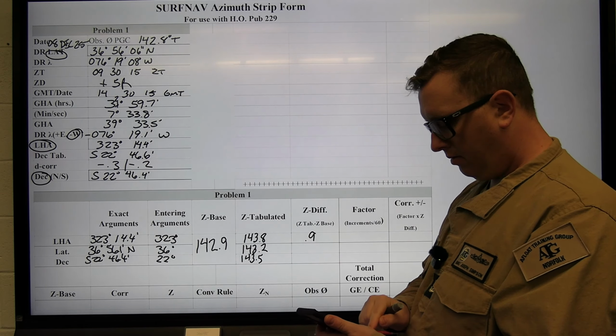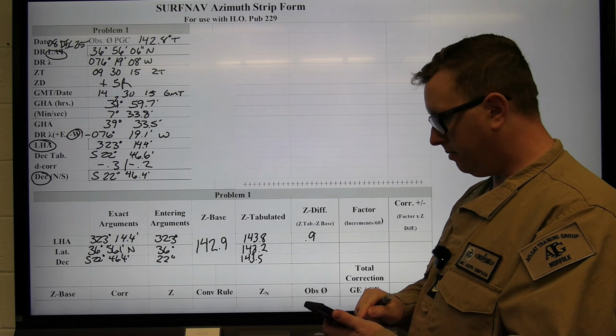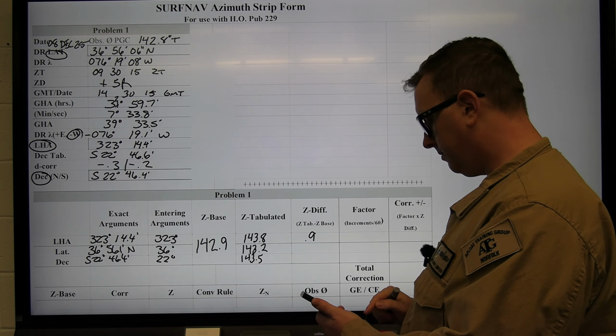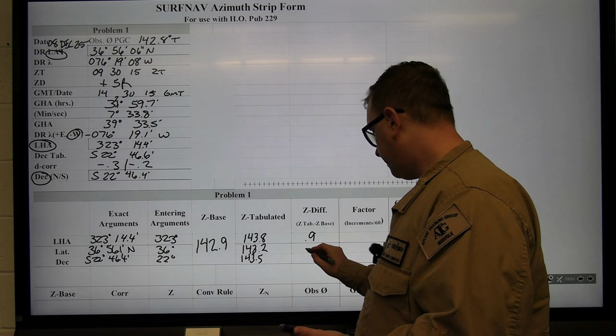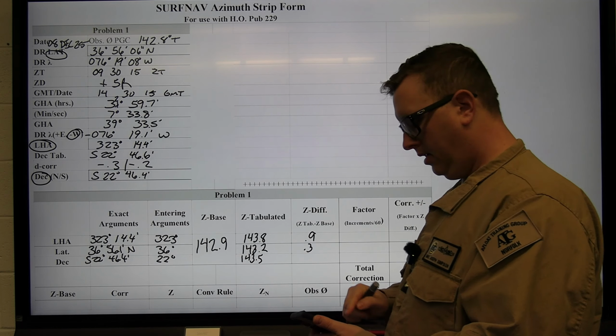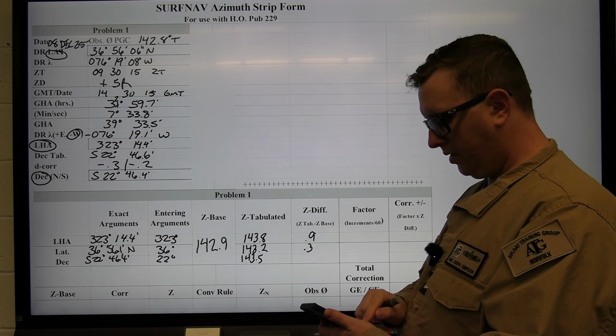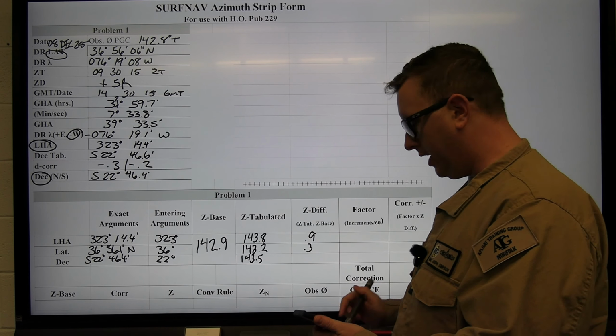All right, next, 143.2 minus 142.9, 0.3. And 143.5 minus 142.9, you get 0.6.